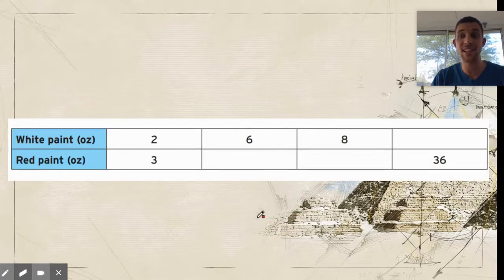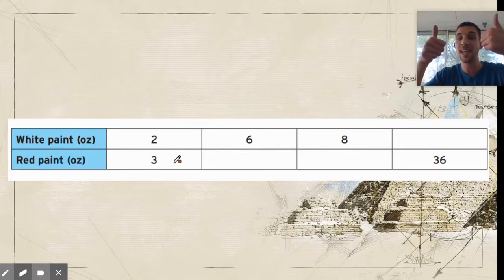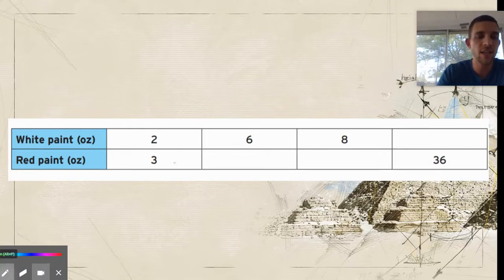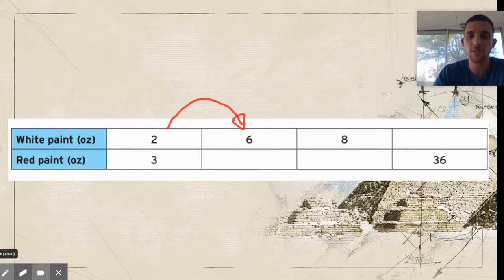In our last example, we have a ratio of white paint to red paint. And they give us the smallest ratio, which means all we have to do is scale up. So let's look. Here, we can see that we could go from 2 to 6.